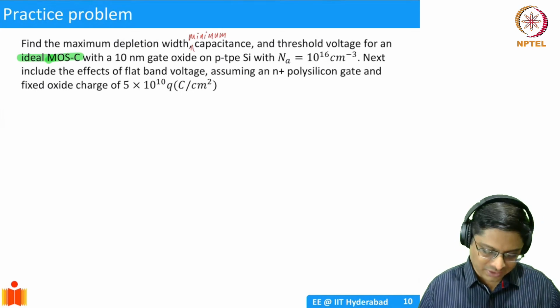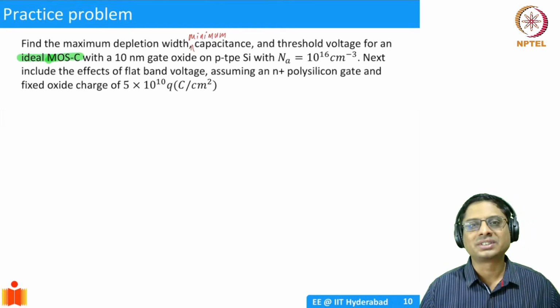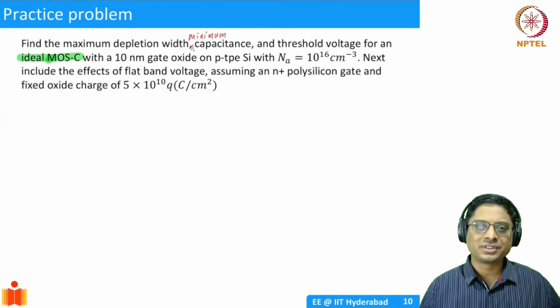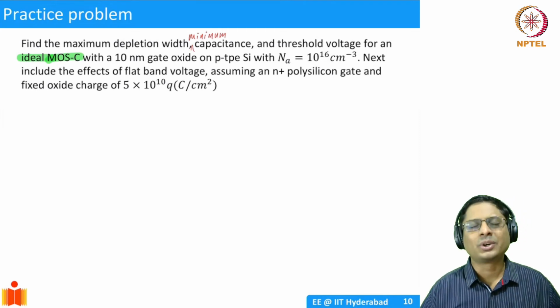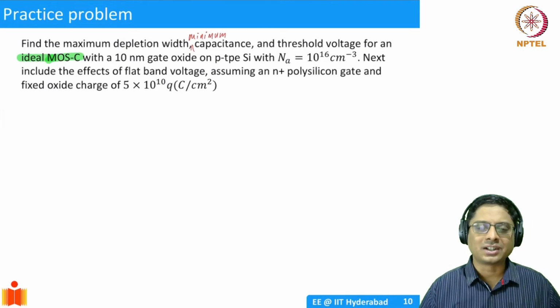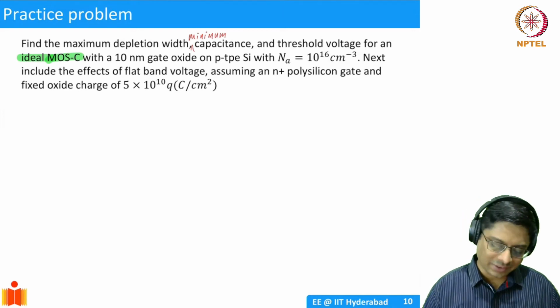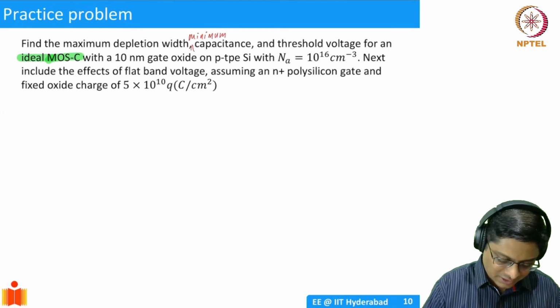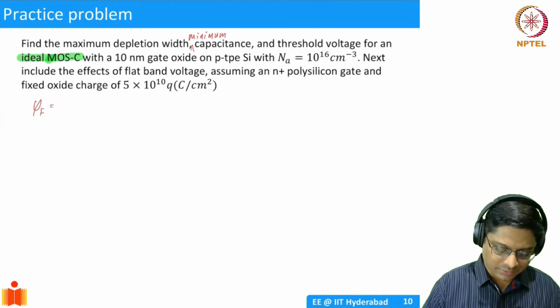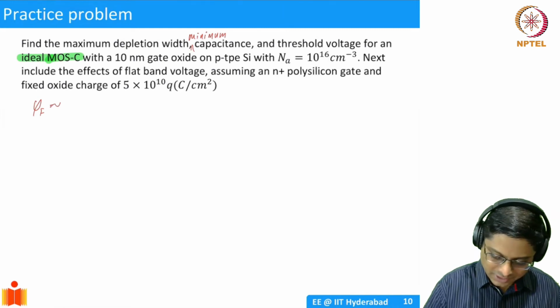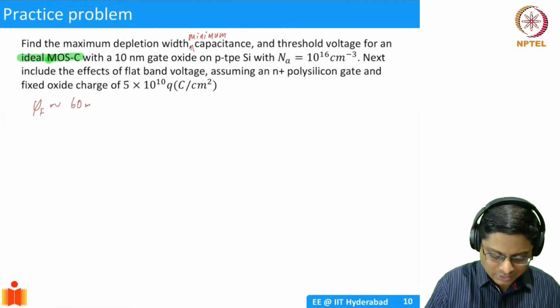So first thing first, how do we calculate the maximum depletion width? If you want to know maximum depletion width, you need to know the maximum surface potential, or rather, what is the surface potential, right? So that will be 2 phi f. So what is phi f? That's straightforward. We have done it now hundreds of times. phi f is going to be, without any steps, I'll write it, approximately 60 millivolts into 6.